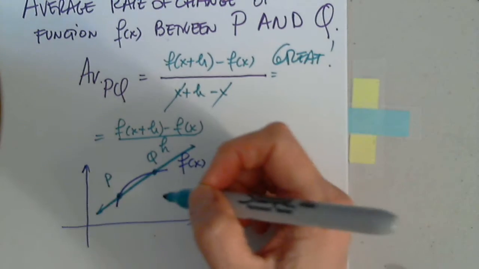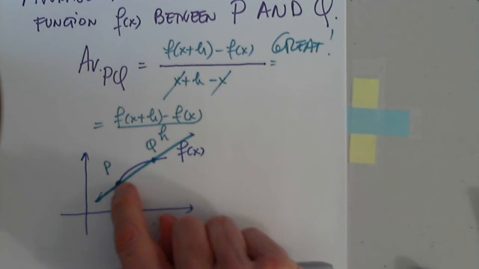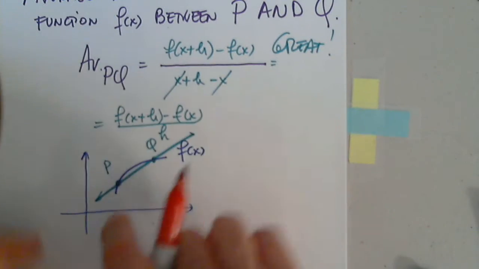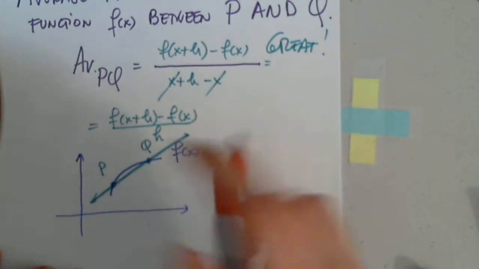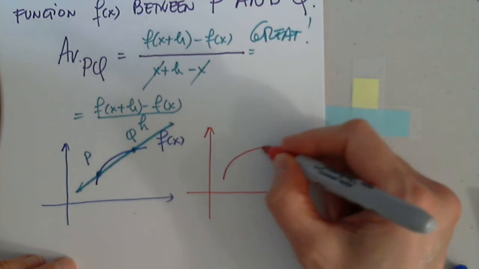Okay, but now Q is extremely close to P. So this was when we zoomed in to find the average rate of change between P and Q. But now here, this is the actual situation.